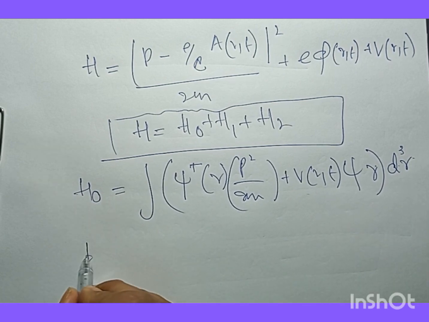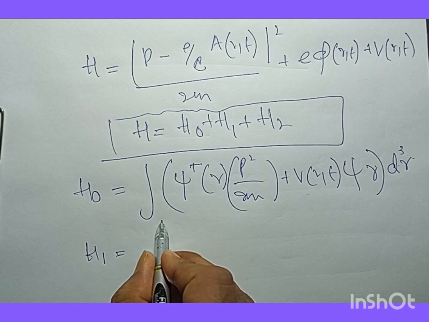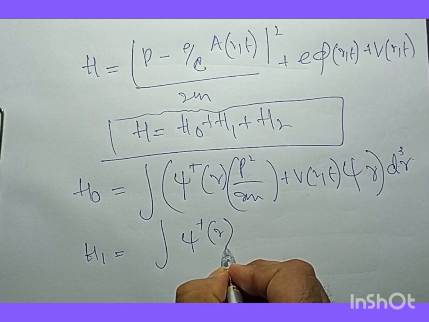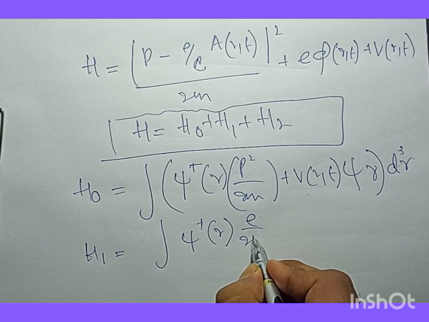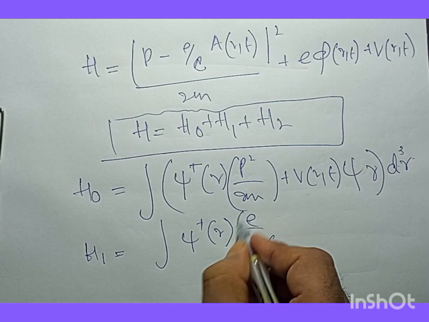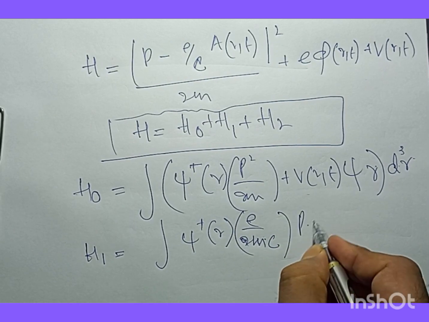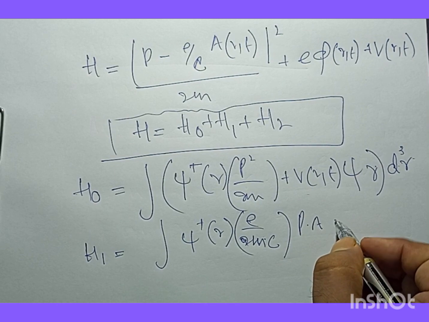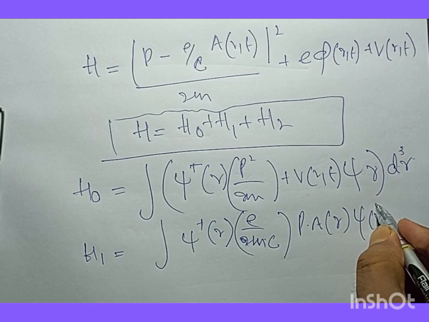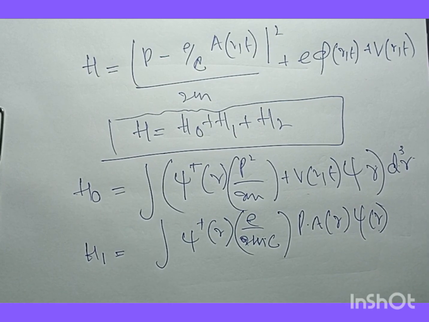Then we have the first correction, H1, which is given as psi dagger of R, e by mc, then P dot A, where A is a function of R, and psi of R. I am using a different notation here in this problem.